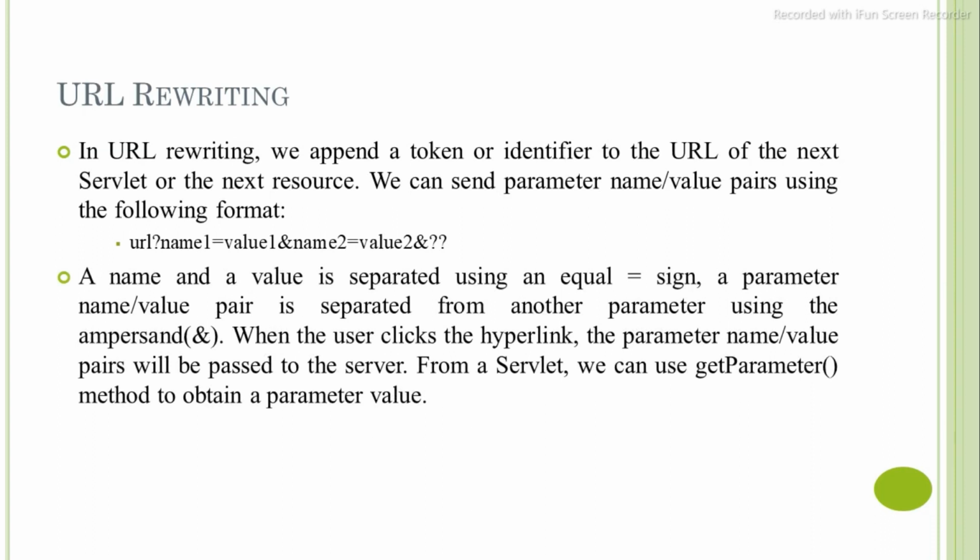A parameter name and value pair is separated from another parameter using the ampersand. When the user clicks the hyperlink, the parameter name and value pair will be passed to the servlet. From a servlet, we can use the getParameter method to obtain a parameter value.